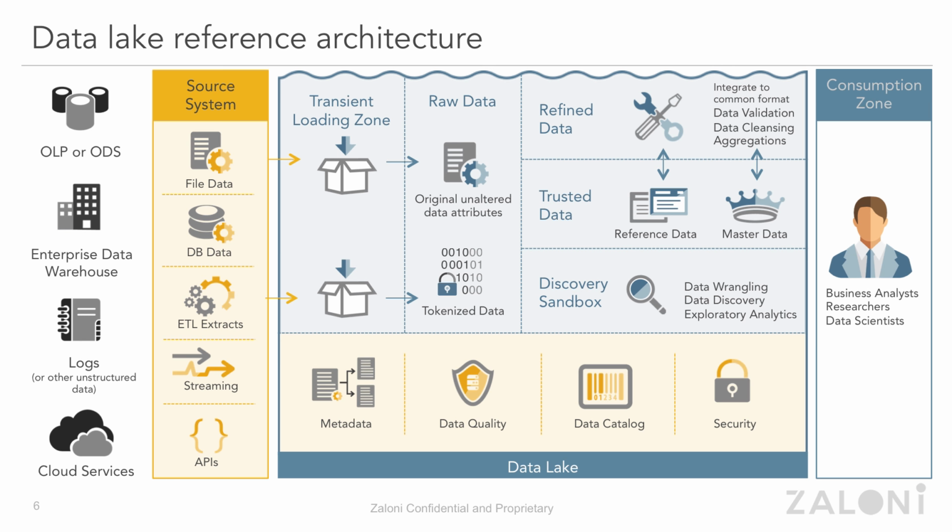And there you may have some sensitive data. For the sensitive data, you may want to tokenize and mask the sensitive attributes so that as you make that data consumable, you are complying with the data governance policies that you may have.